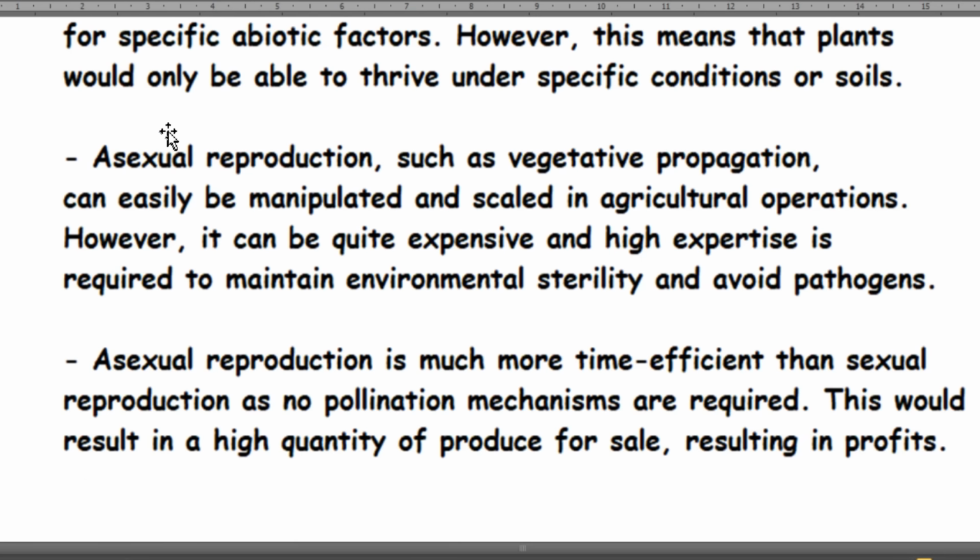Third point, asexual reproduction such as vegetative propagation can easily be manipulated and scaled in agricultural operations. However, this whole process of cutting and grafting and so on could be expensive, and it requires at least a somewhat high amount of expertise to maintain environmental sterility, especially with tissue culture.